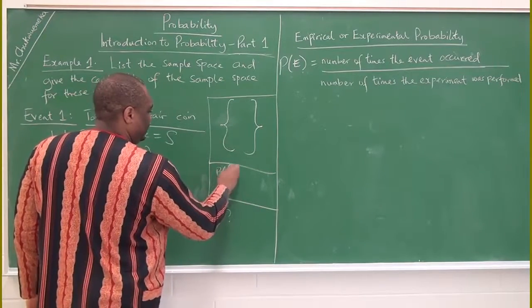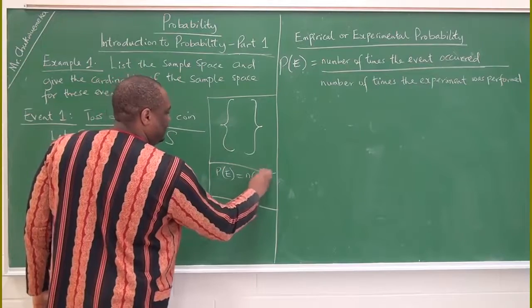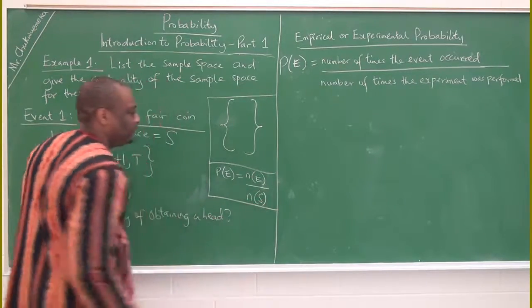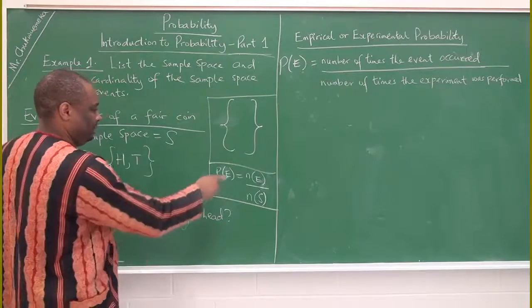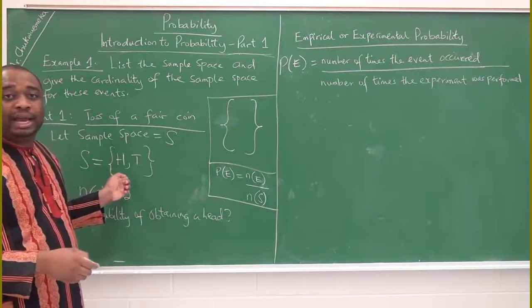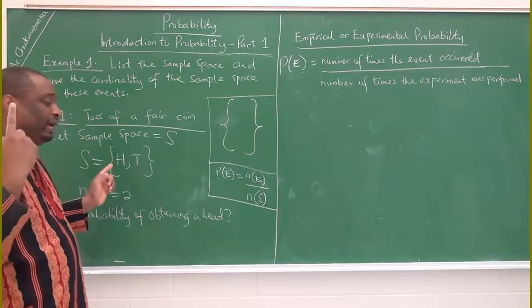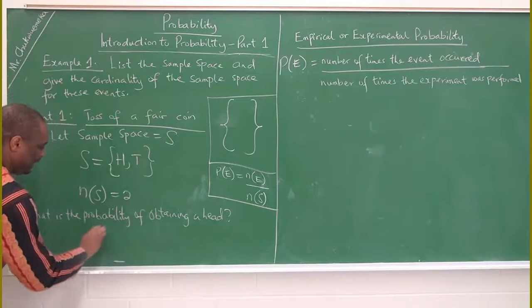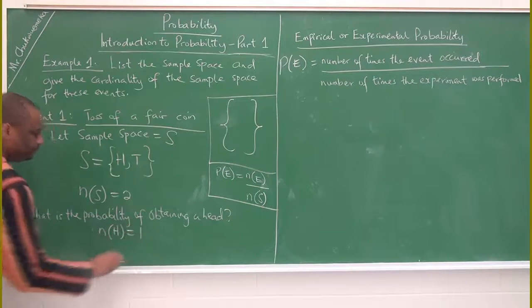Probability of an event is the cardinality of the event space over the cardinality of the sample space. How many heads do you get when you toss a coin one time? Only one head, so NH is 1.